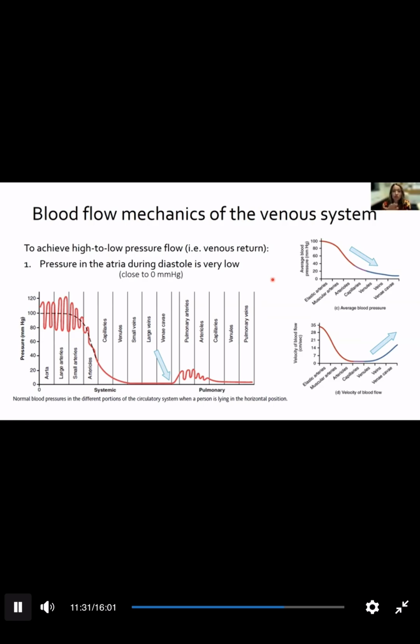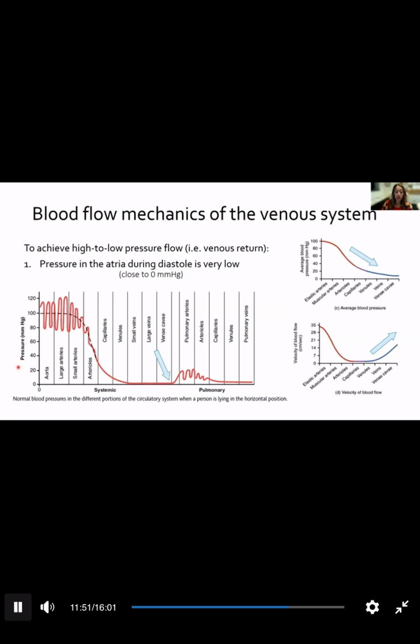To overcome the fact that pressure is low by the time we get to the venules, the veins, and the vena cava, but we have to somehow increase the velocity, is the pressure in the aorta during diastole is very low.